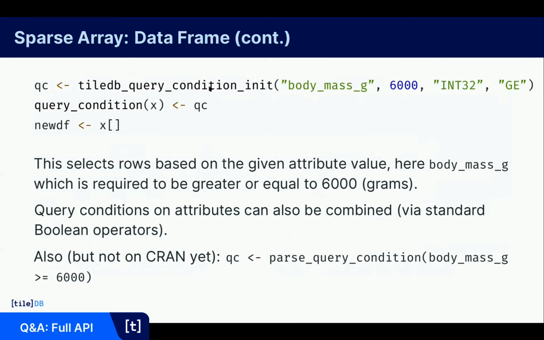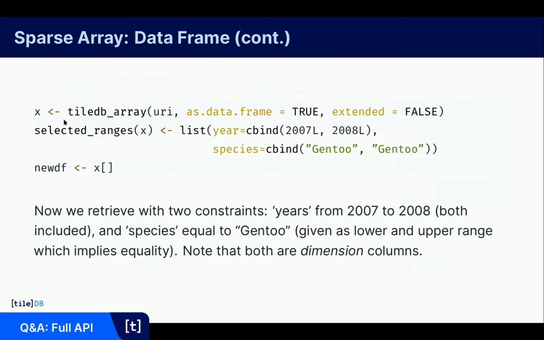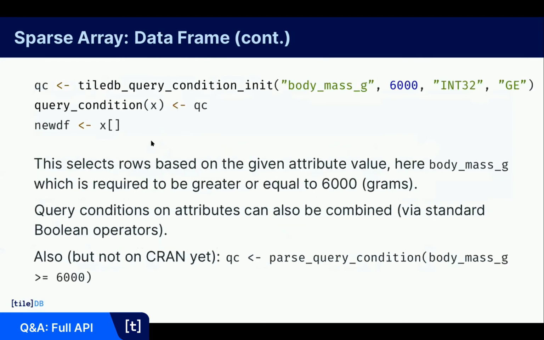Not really. What happens here is we're just opening an array, selecting ranges or setting a query condition, and doing all of this on the array object, the S4 container, and in the behavior implemented by the accessor, all these things get set up. So something like tiledb_query_set, making the different buffers ready, submit the query, finalize the query. All that happens in this one line because the accessor is high level.